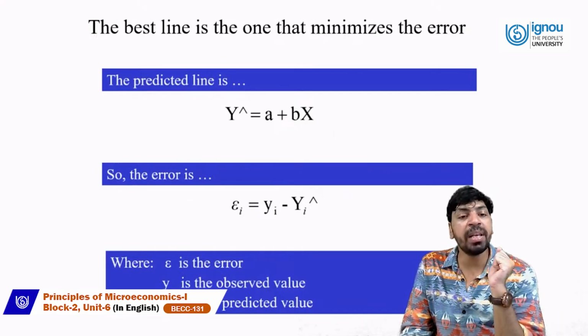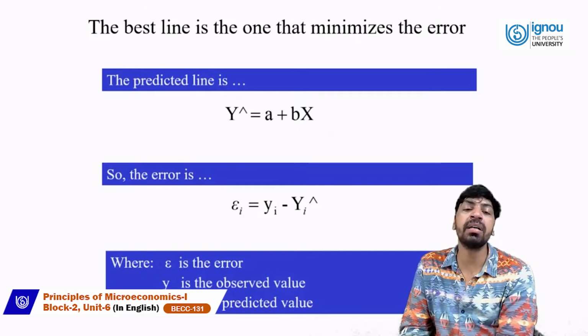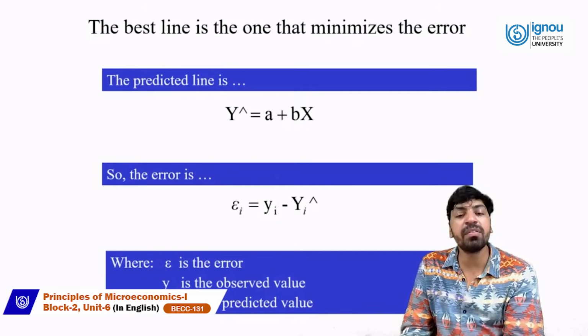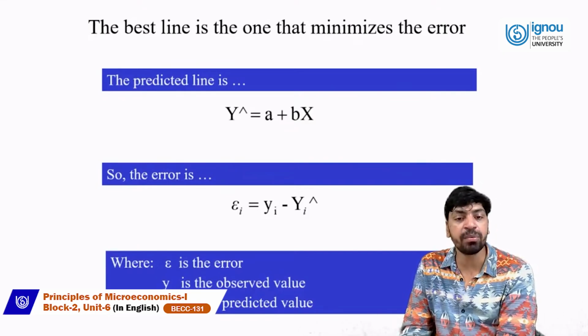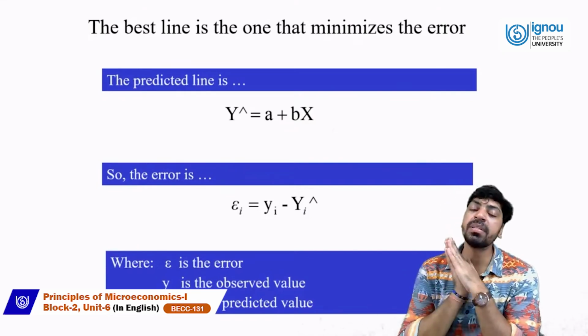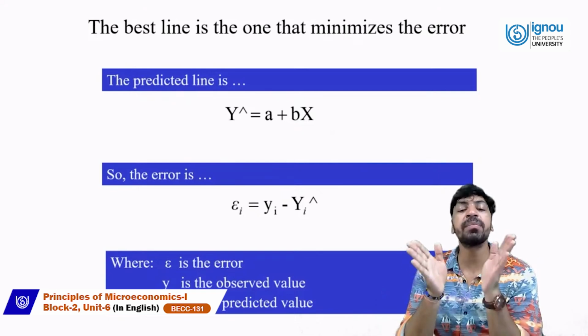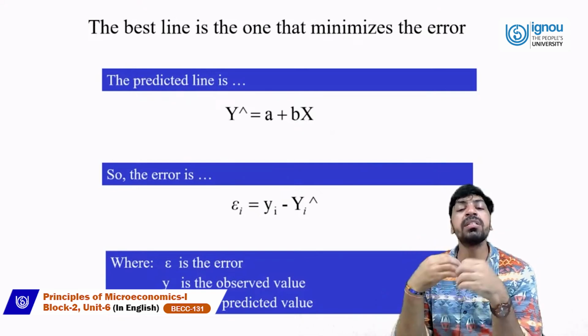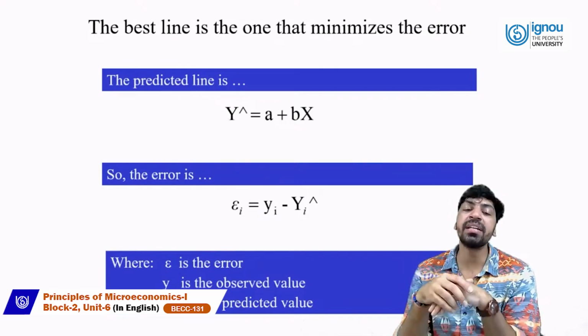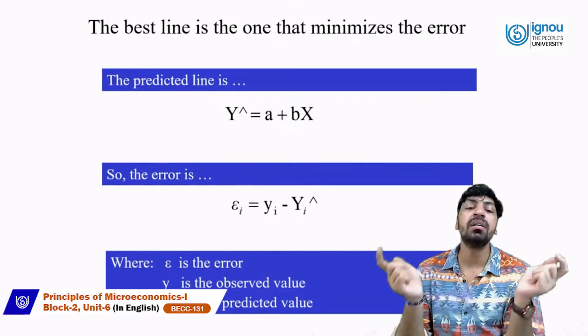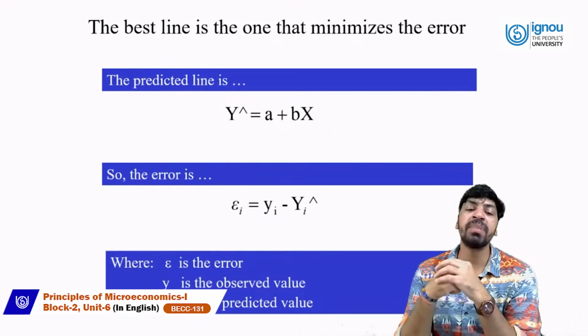But when we calculate the error, yi is the observed value, and y-hat is the predicted value. Just calculate the difference between the two, and you will easily find the error of the present data.